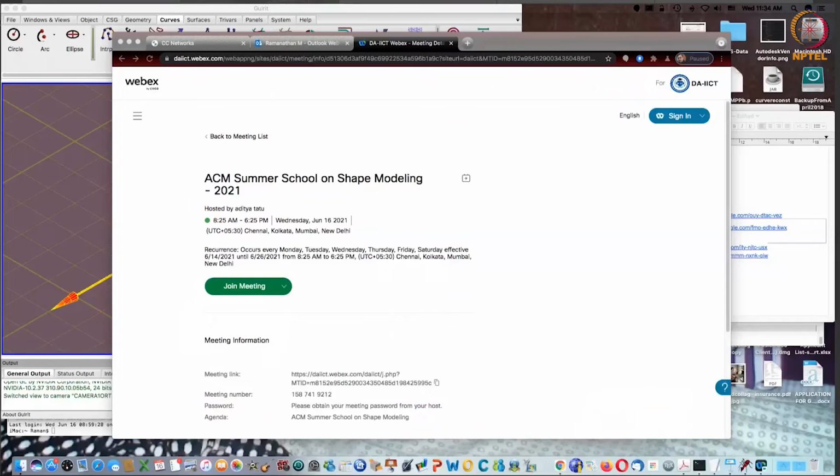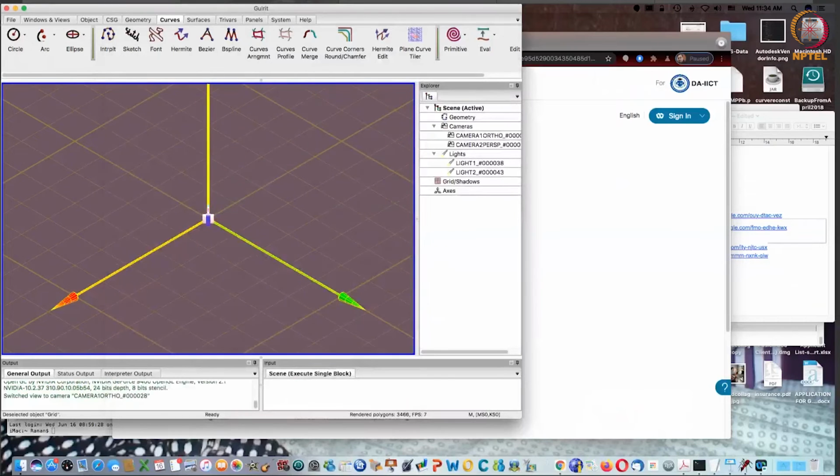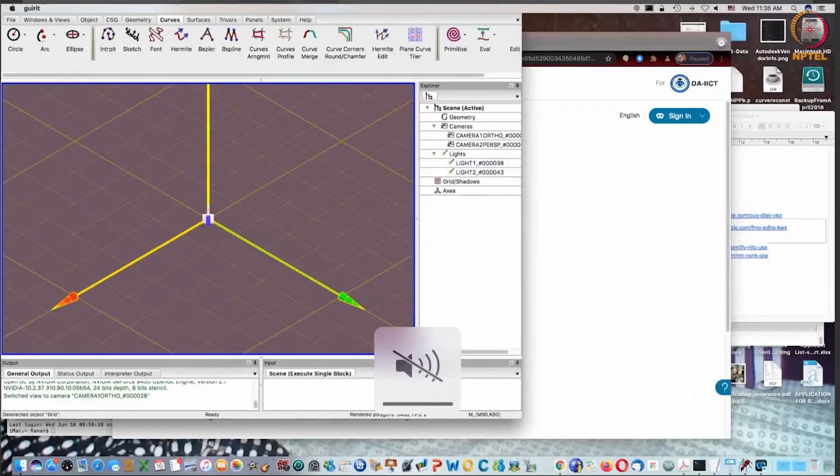Are you able to see my screen now? Yes. I think the audio is also working. Right, the audio is also working. There's no echo as of now, so it should be fine. Now can you speak?